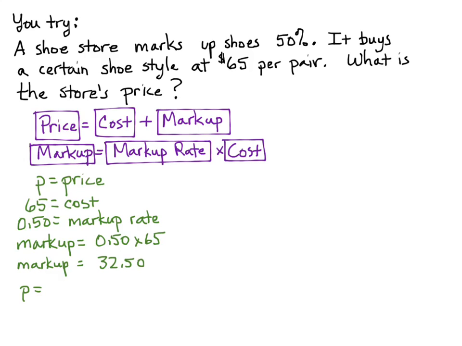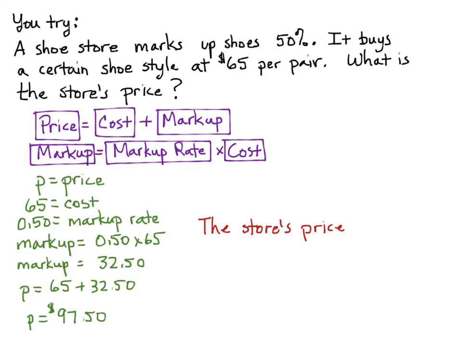So my markup is 0.5 times 65. And so I take my $32.50 and add it to the 65, and I get $97.50. Okay, any questions on that?